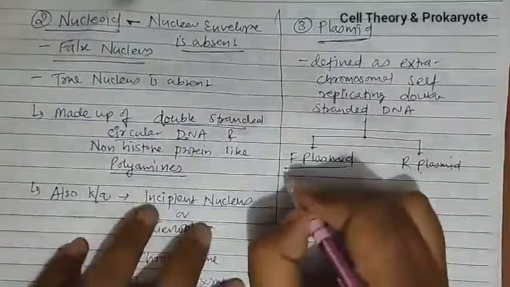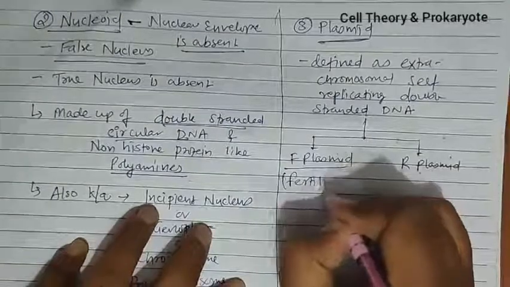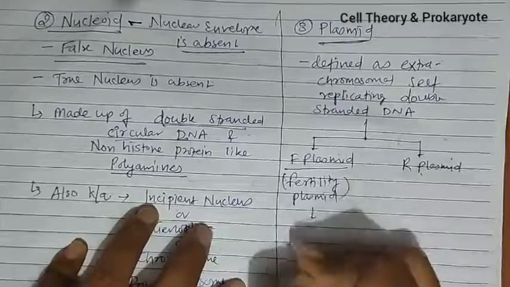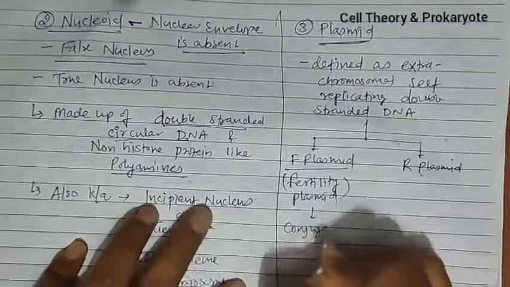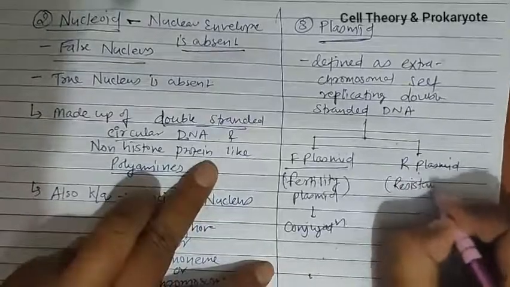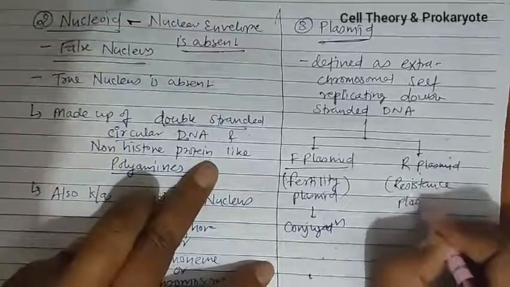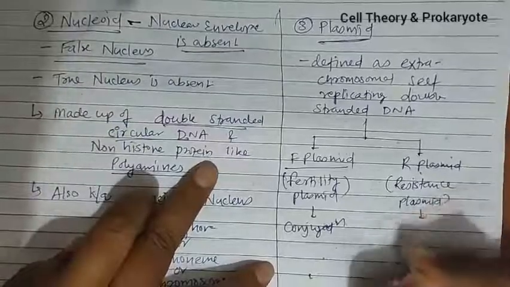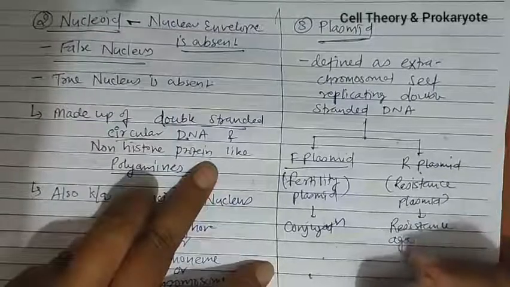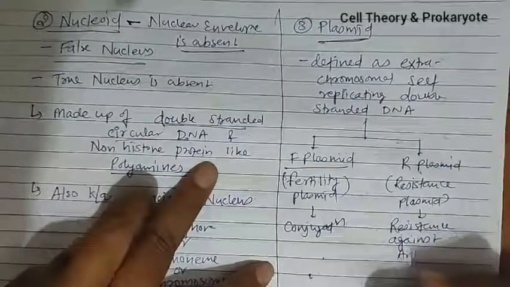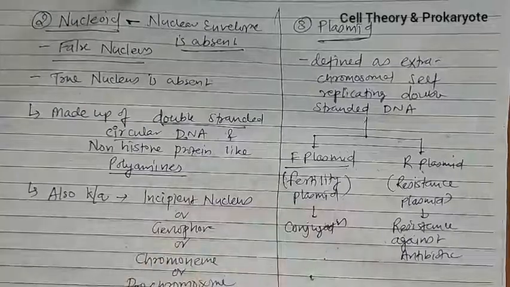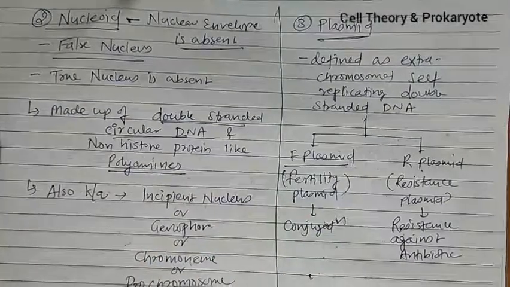Now F plasmid is known as fertility plasmid, which helps in conjugation, and this R plasmid is known as resistance plasmid, which provides resistance against antibiotic. They provide a resistance against antibiotic. So this is a plasmid.